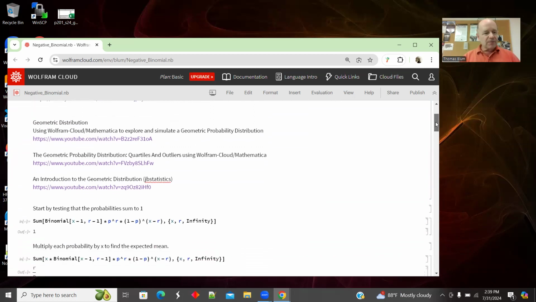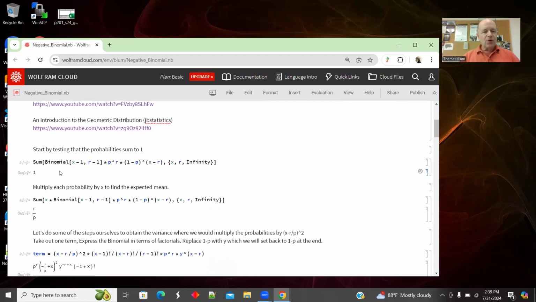The first thing we should check is that if we have the right probabilities, then if I add up all the probabilities, they should be 1. So we have the binomial of x minus 1, r minus 1.